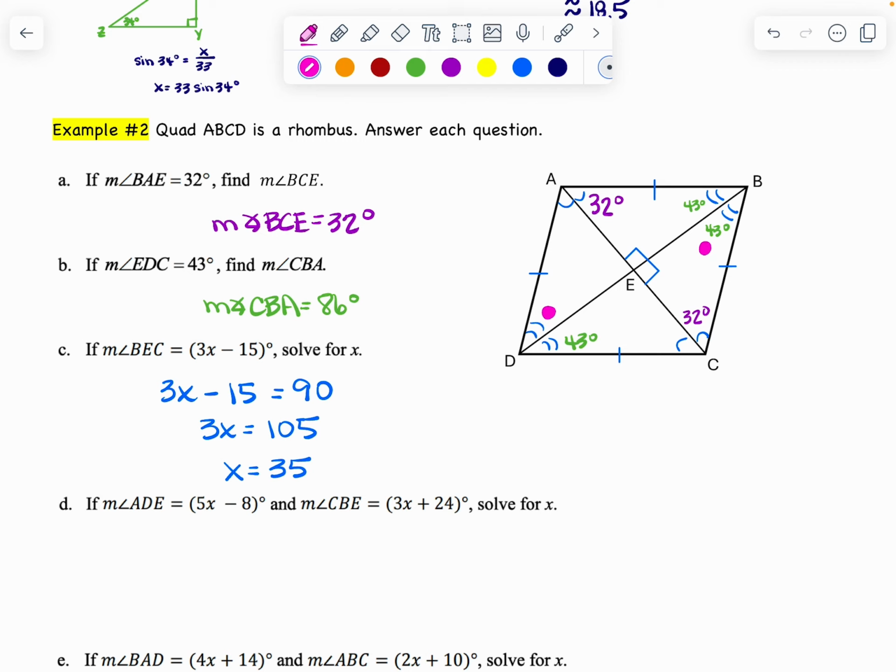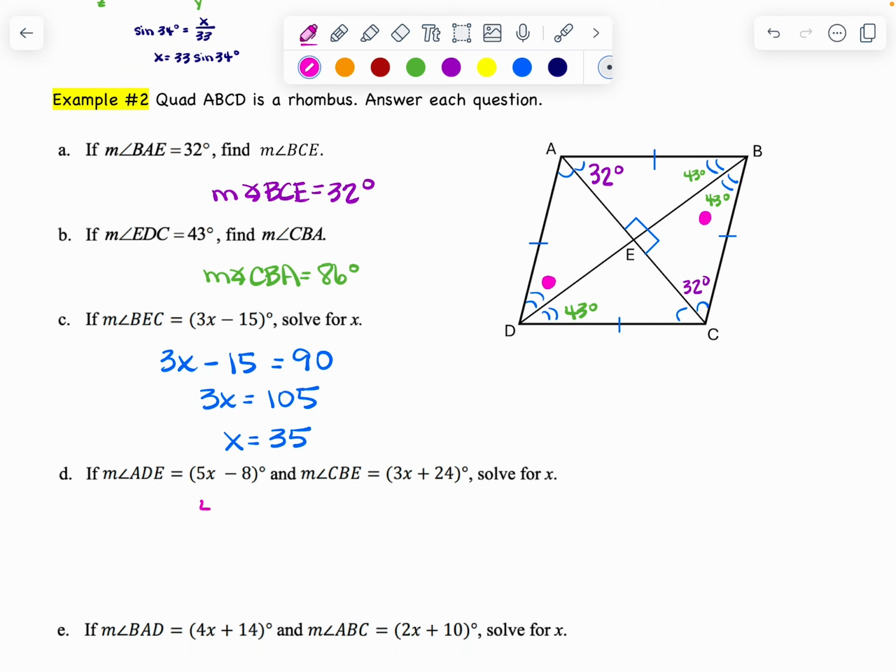We know that both of those are congruent angles, not only because they're alternate interior, right? But because in a rhombus, all 4 of those angles along the diagonal are going to be congruent. So we just simply need to set 5x minus 8 equal to 3x plus 24. All right, so we're going to solve that. So 2x equals 32, so x equals 16.